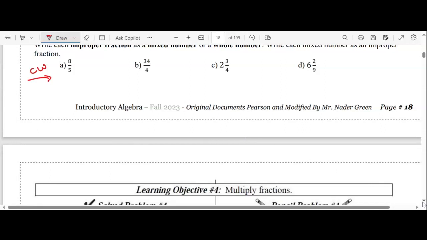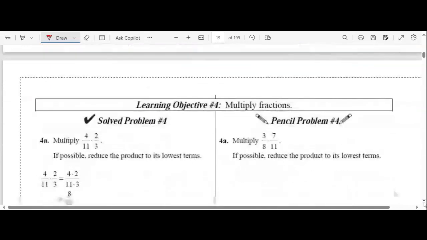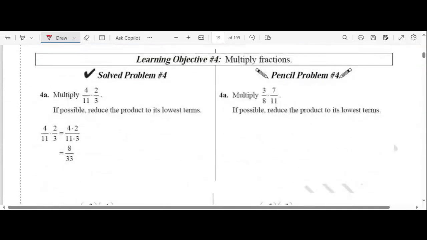Yalla, work together. 2 brains are better than 1. Finish? Let's move on to the next one.